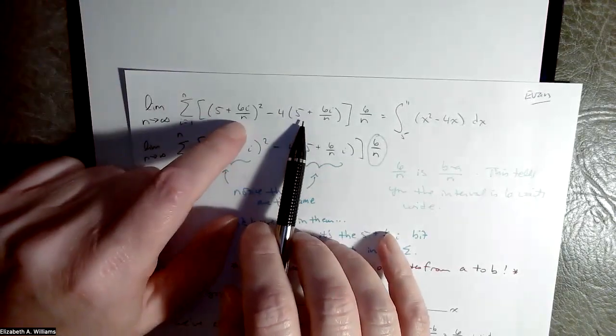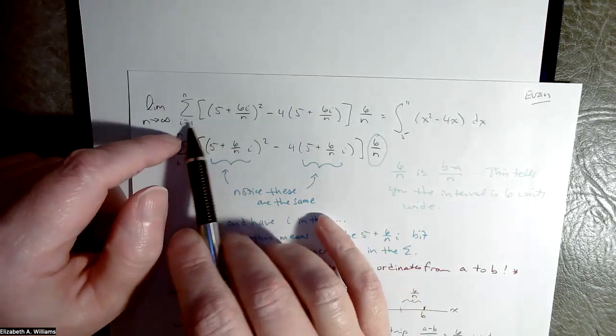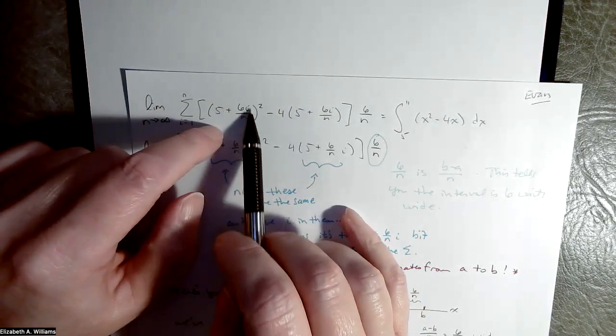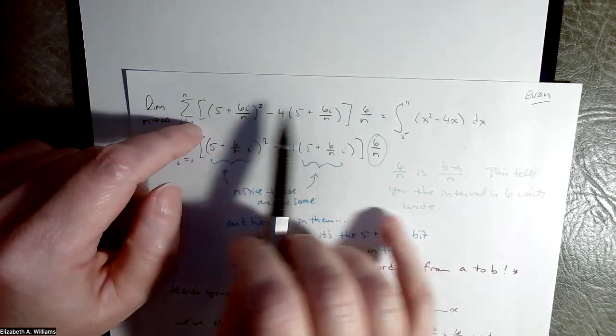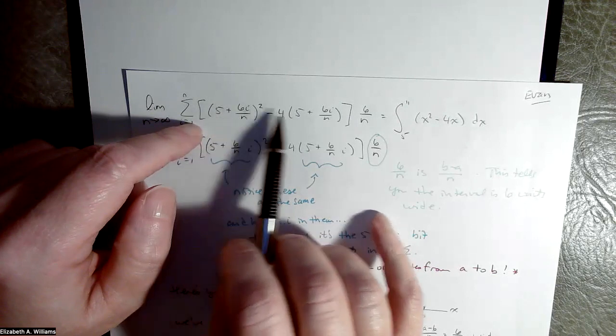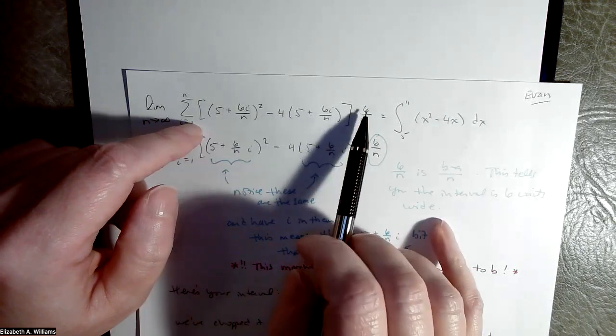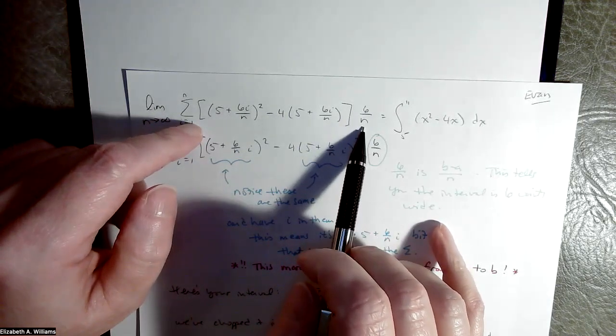Here in the summation, the i's generate an x, that's your ordinate, and then this mouthful of algebra gives you the y value. So you've got a height times your width, and that's your rectangle.